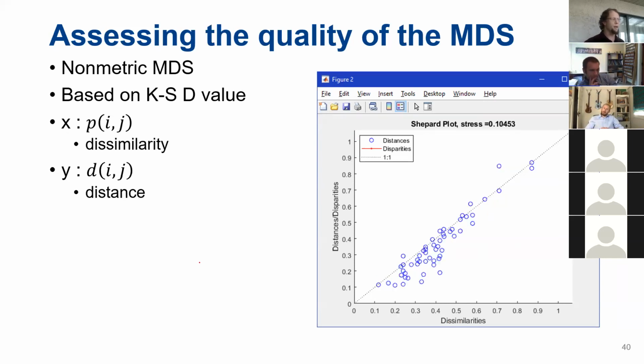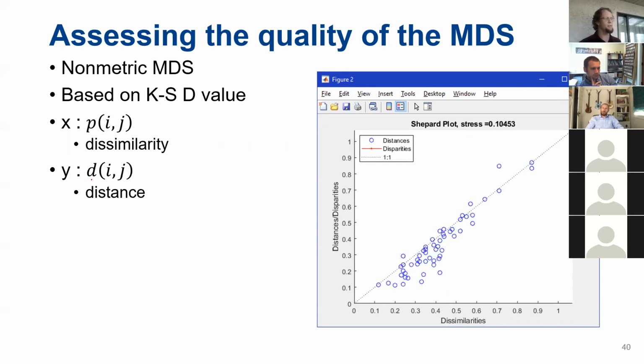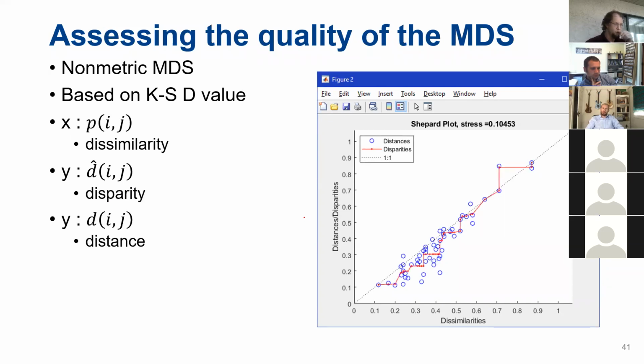On that same plot, you can show dissimilarity on the x-axis and distance, so that final distance, right? So we're showing d hat as the red dots, and d as the blue data points. Ideally, these would fall right on top of one another, and that would give us a stress of 0.